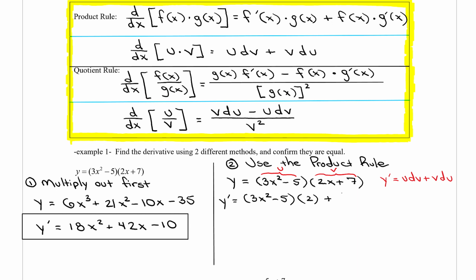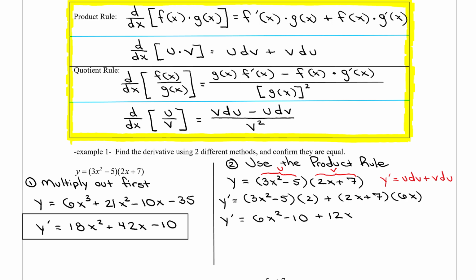If we simplify this, we're going to get y prime is equal to 6x squared minus 10 plus 12x squared plus 42x. And if we simplify this further, we will end up with y prime equals 18x squared plus 42x minus 10.